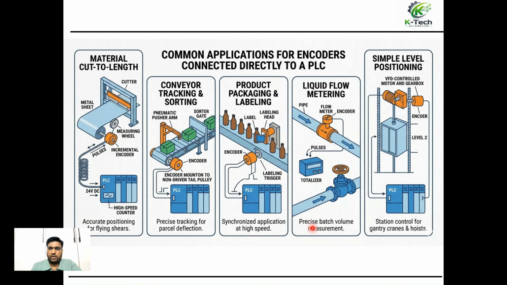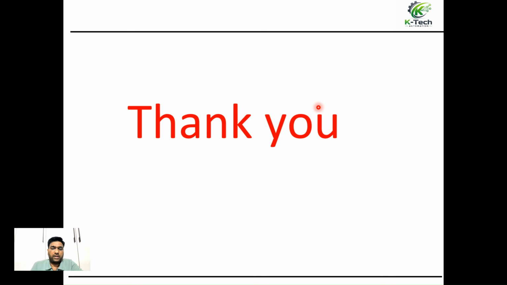So this gives precise batch volume measurement and simple level positioning. We also have control of motor and gearbox, so lift applications or any crane application. In these applications we can use it easily. So these are the applications, but how can we configure it in the program?